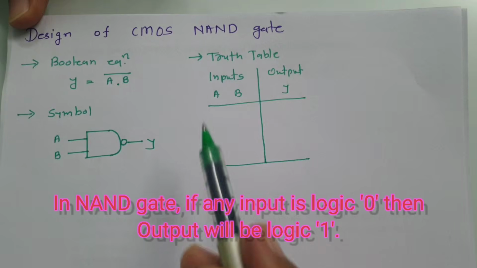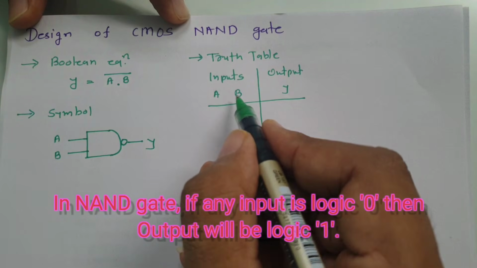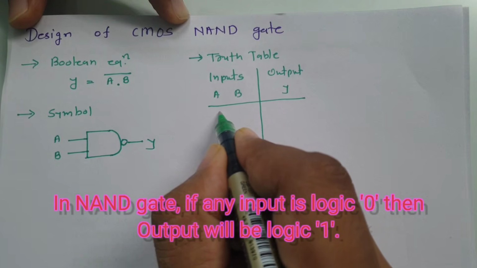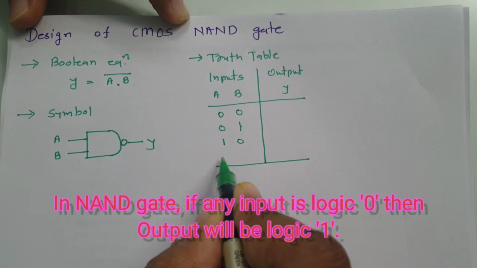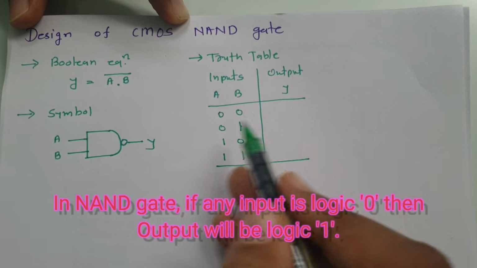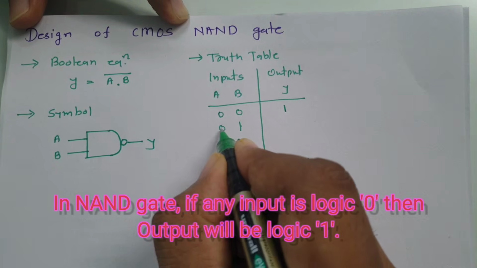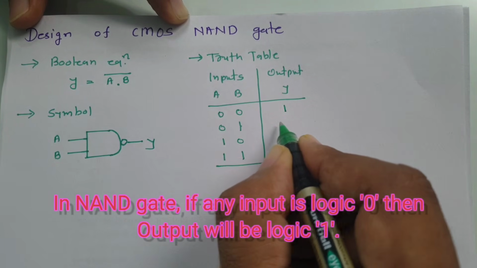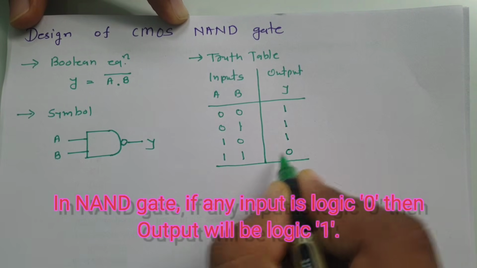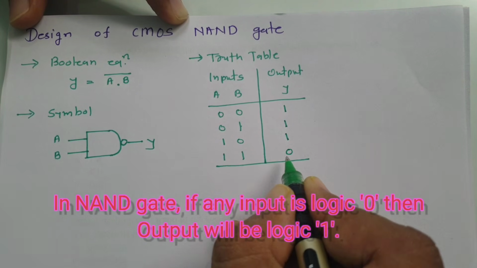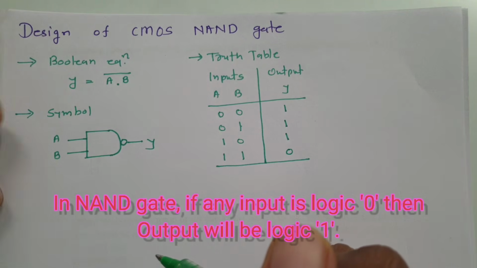With inputs a and b there are a total of 4 combinations: 00, 01, 10 and 11. For 00 the output is 1. For 01, a 0 input is there, so the output is 1. For 10, also 1. For 11, there is no input which is 0, so the output is 0. This is how the truth table looks for the NAND gate.